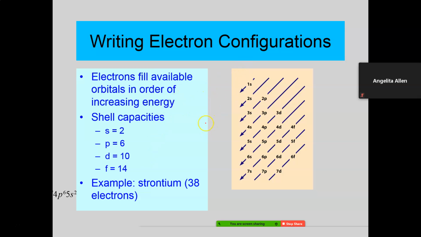Oh, let me get strontium in there. Okay. We got 1s2. If I can get my pen to show, there it is. 1s2. Remember, that's a 2. Then you go from bottom here to the top there. 2s2. That's 4. Then we go bottom to top. 2p6. That's 10. 3s2.